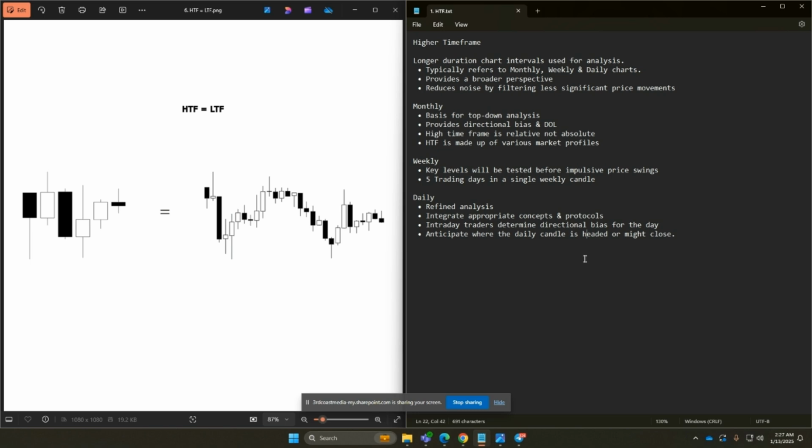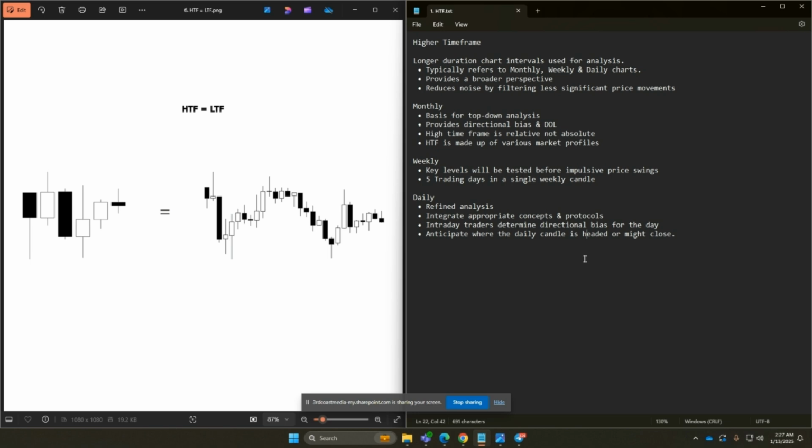So longer duration chart intervals are used for analysis. So that's like looking over the span of a year, over the span of 6 months, maybe a couple of weeks. Higher time frames are typically referred to as the monthly, weekly, and daily charts. Those are the ones that you're usually drawing from or using to figure out key levels and such.